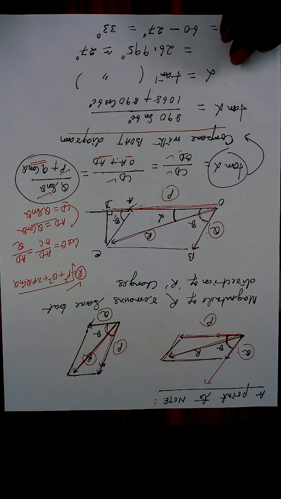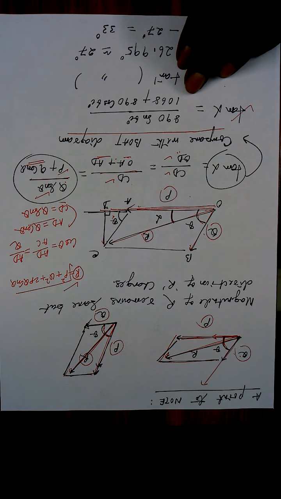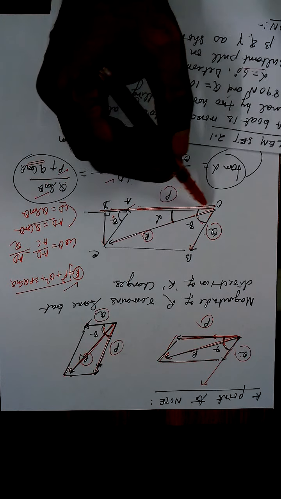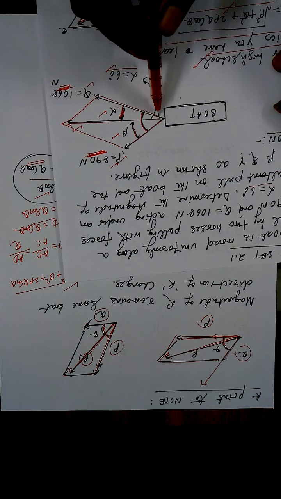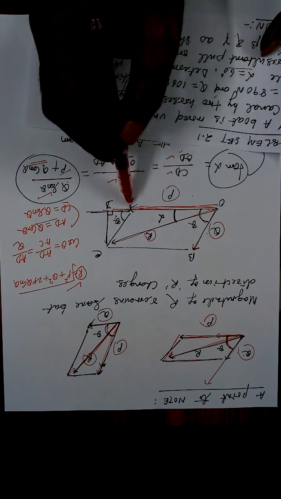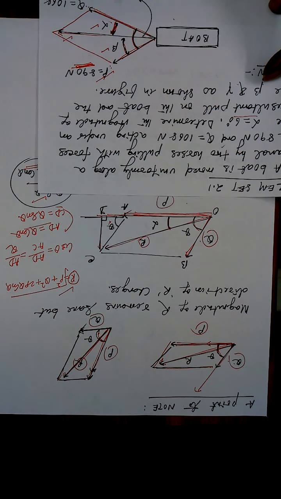So tan alpha is equal to Q times sin theta. If you compare this diagram with this, then this is the same thing as this. This is the same thing as your Q, right?